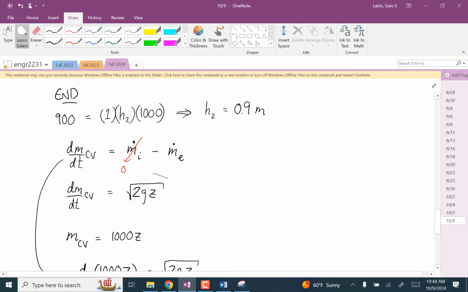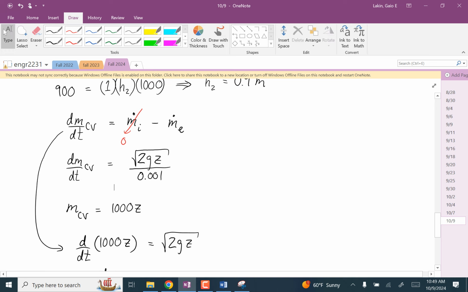Right. So this really should be the area, well, that's 1, so that's good, divided by the specific volume. So this should be 0.001. It doesn't change very much, but there's a constant in there that I left out.